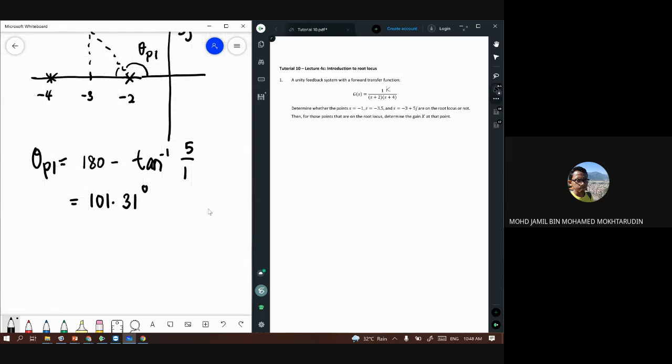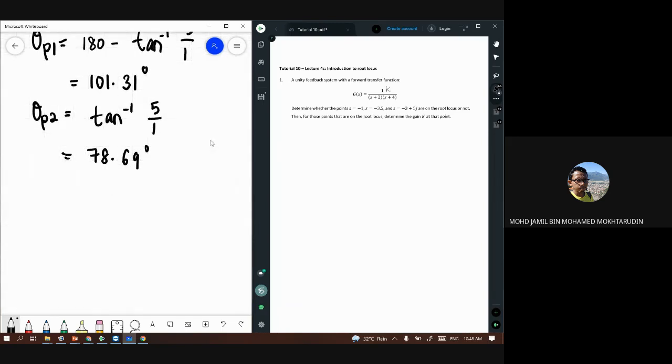And then we find theta P2. So theta P2 is measured here. So theta P2 is simply tangent inverse of 5 over 1. So we get 78.69 degree.